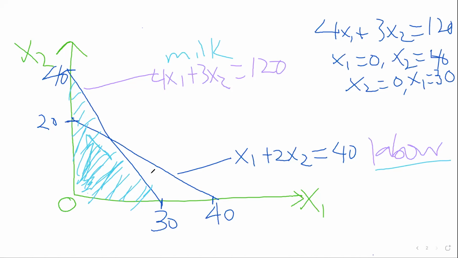So that will include this empty space as well. Now, the labor constraint area as well as the milk constraint area, there is an area that is common to them. So first, let me identify some of the areas. You have A here, B there, and C there. See the areas I've just indicated: A, B, and C.